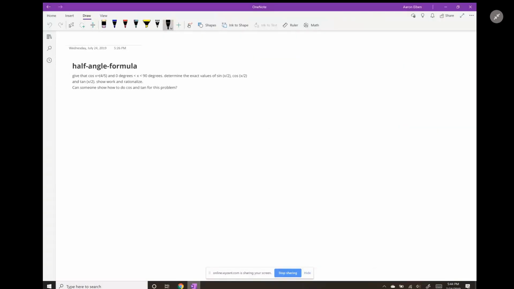Okay, this problem is actually pretty straightforward because they give you cosine of the angle equals 4/5.